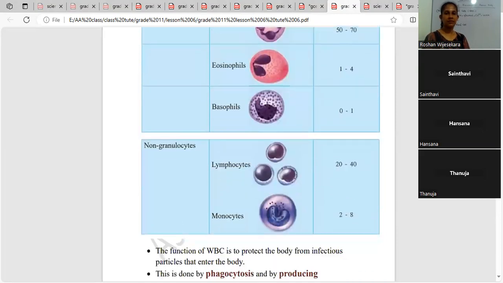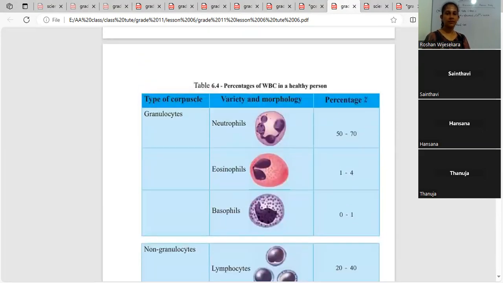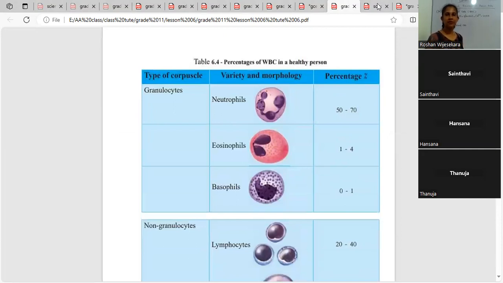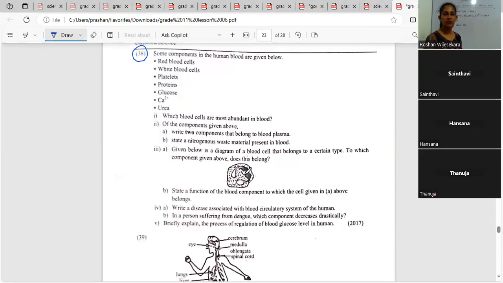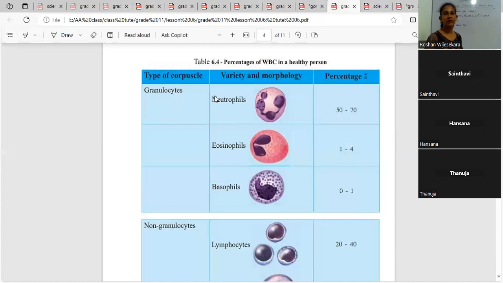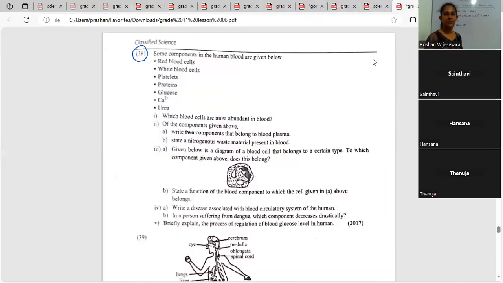These are the types of white blood cells. It looks like a neutrophil: 1, 2, 3, 4 lobes are there in the nucleus. Therefore, it is a neutrophil type of white blood cell. So the answer for third question, part A, is white blood cell.